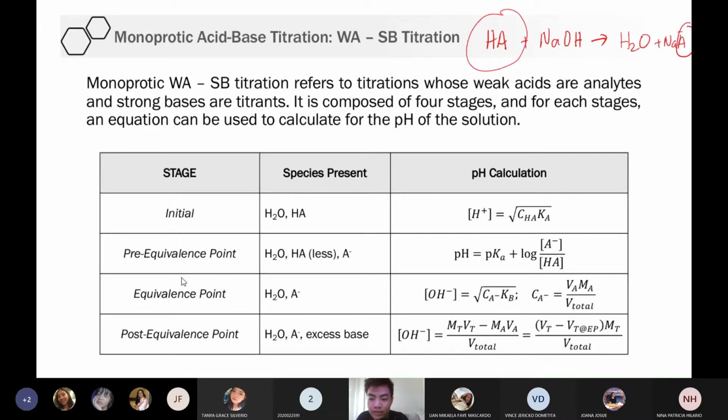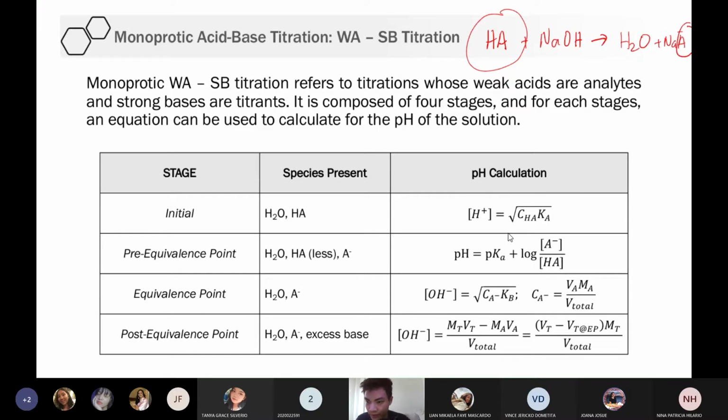So that means you have the presence of HA and the conjugate base. And again, as I told you last time, if you have a presence of the two species, that means may buffer system. Okay, so since we have a buffer system, we have to use the Henderson-Hasselbalch equation. Since this is acidic solution pa, we use the acid version of the Henderson-Hasselbalch equation.